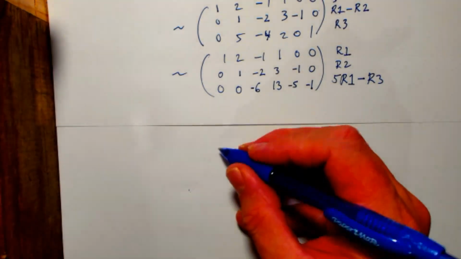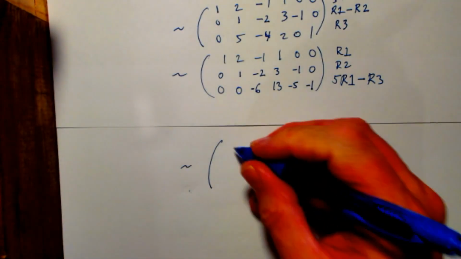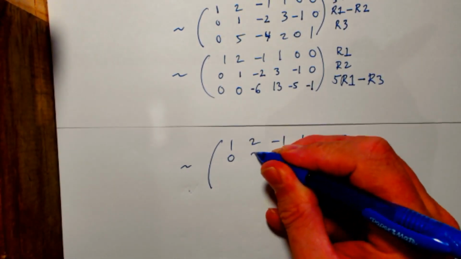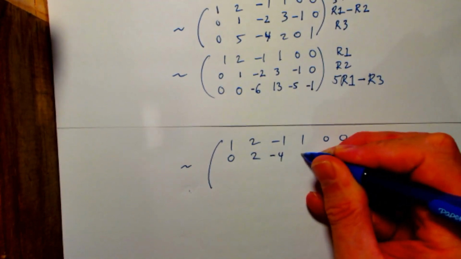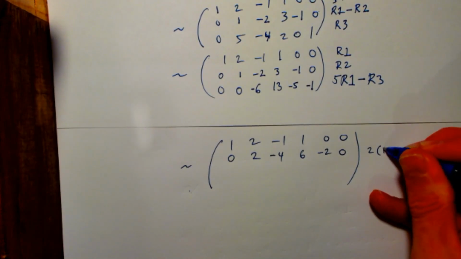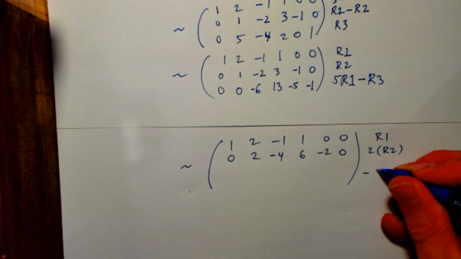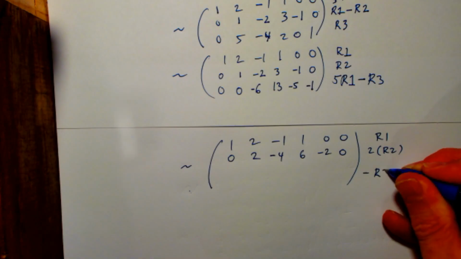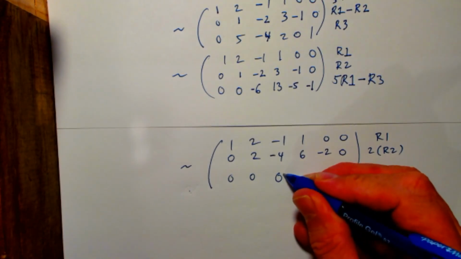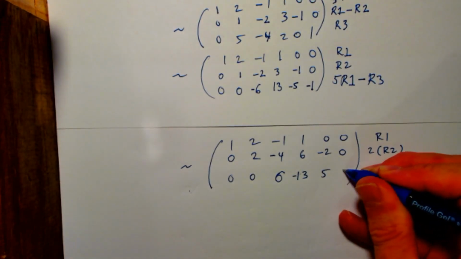So let's go ahead and also multiply row 2 by 2. And then just taking the negative of the third row. 6, minus 13, 5, and 1.